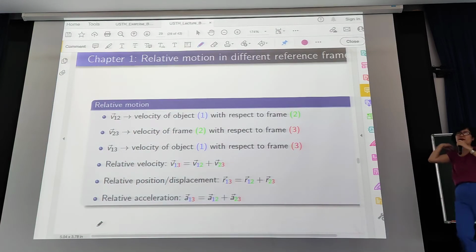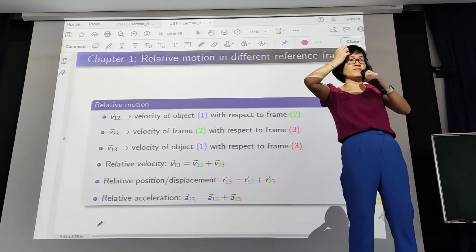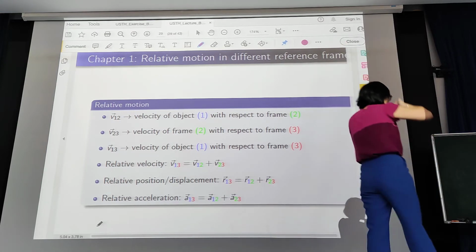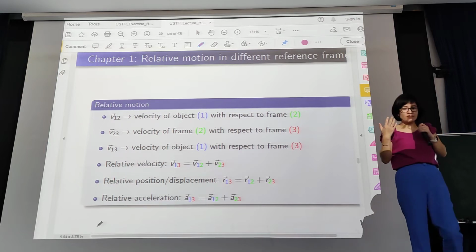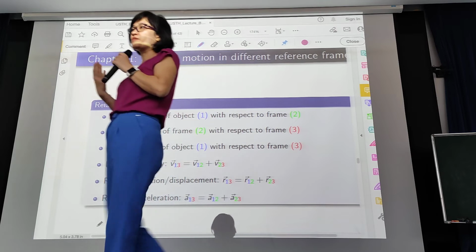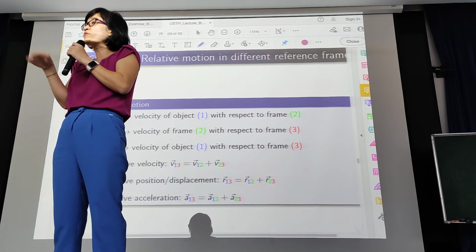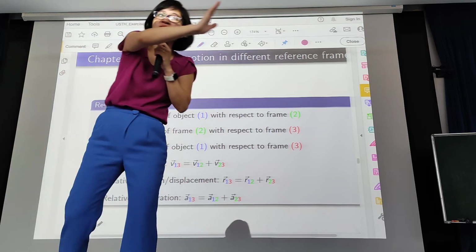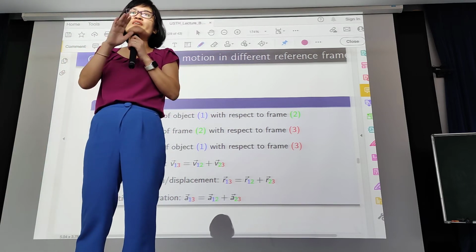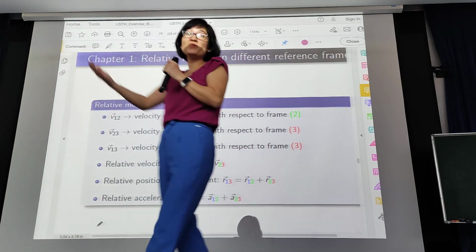Now we move to this part: relative motion. From the first class, when we learned about motion, I already told you that motion is relative. So you can move with respect to one object, but not move with respect to another object.